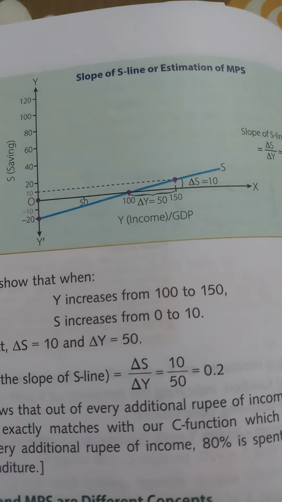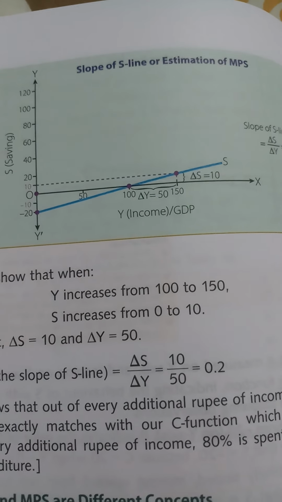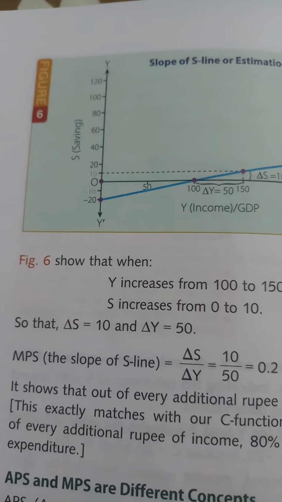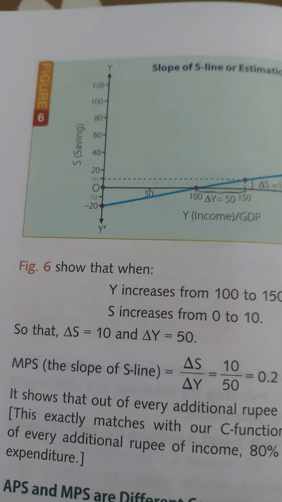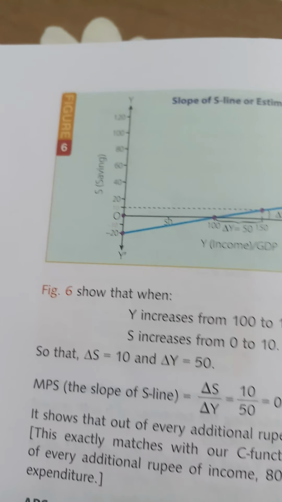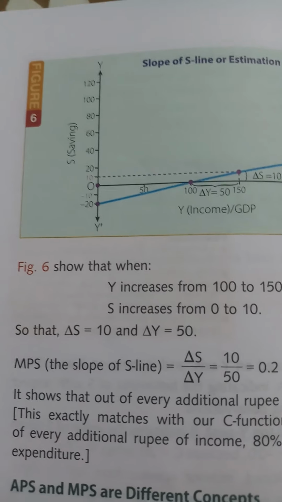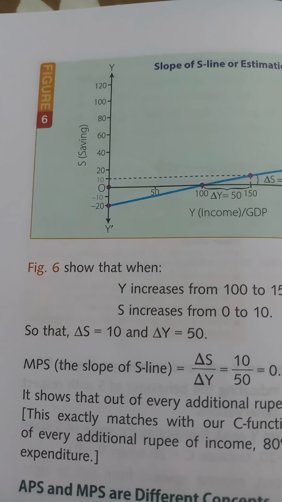This S line, again let me remind you, is a straight line because the rate of increase in S against income is constant, that is 10. If you see the term MPS, marginal propensity to save, whose formula is change in S divided by change in income, that is equal to 10 by 50, that is equal to 1 by 5, that is equal to 0.2.